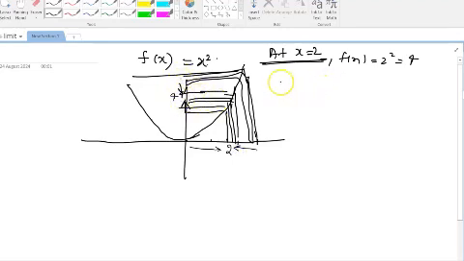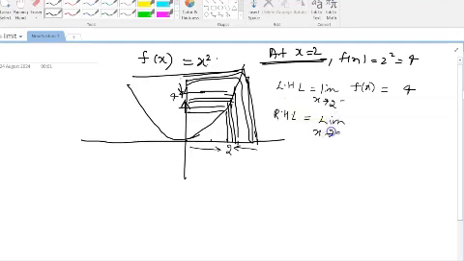So we get that your LHL, that is limit when x is approaching from left side, is 4. And our right hand limit, that is limit when x is approaching from right side, is again 4. So limit exists and it is equal to 4. Now f of 2 is also 4.